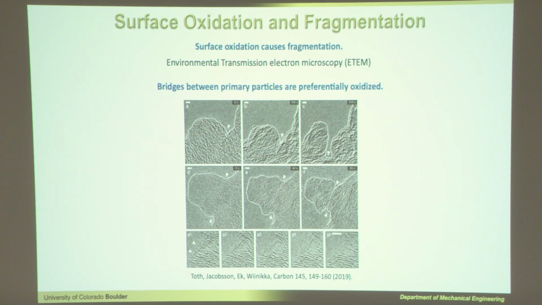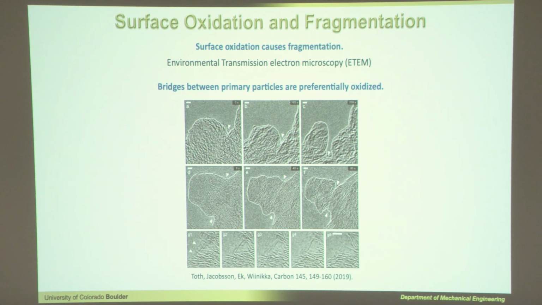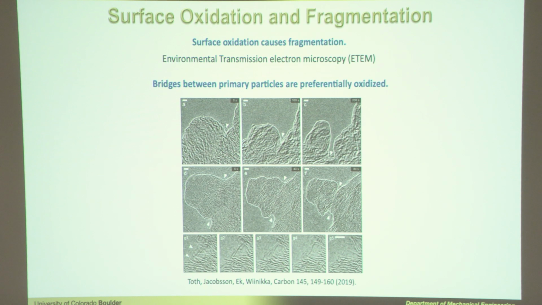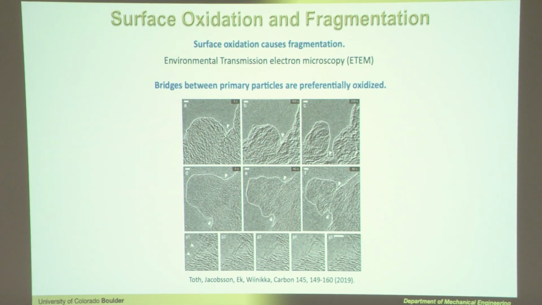Here's another one showing the neck actually going away. So if you go from left to right, you can see where your oxidation is occurring. And they say when they do these studies that it seems to preferentially go for these necking regions. I'm not sure why, but they seem to be more reactive than the regular primary particle coating, like the polycrystalline graphite coating.